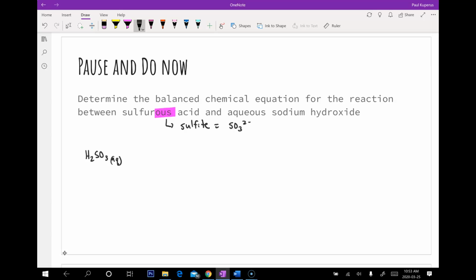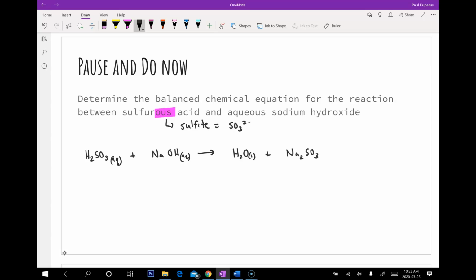We are reacting that with aqueous sodium hydroxide, sodium Na, hydroxide OH, and it's aqueous. Now, when these two things react, they are going to combine. The hydrogen is going to combine with the hydroxide to make water, and the sodium is going to combine with the sulfite to make sodium sulfite, which would be Na2SO3.